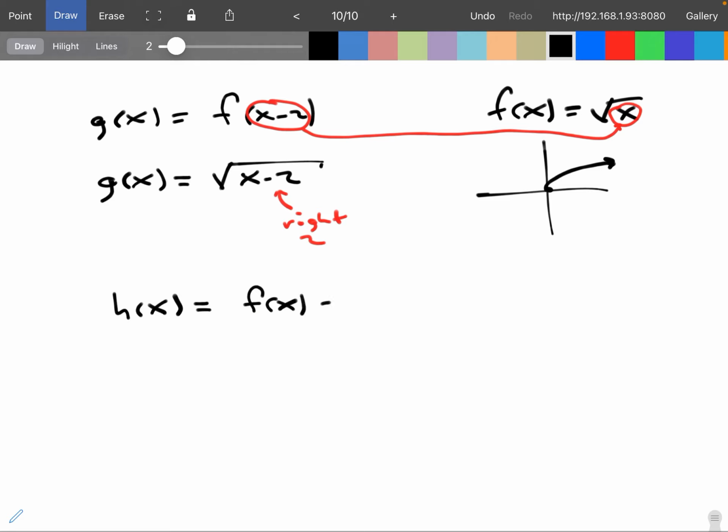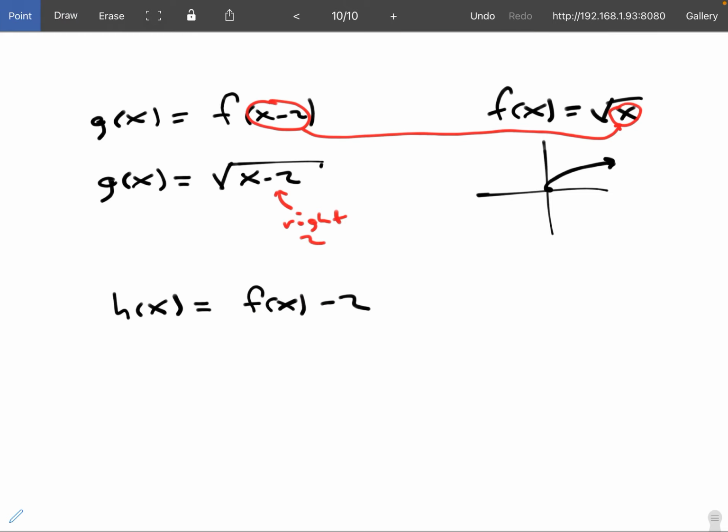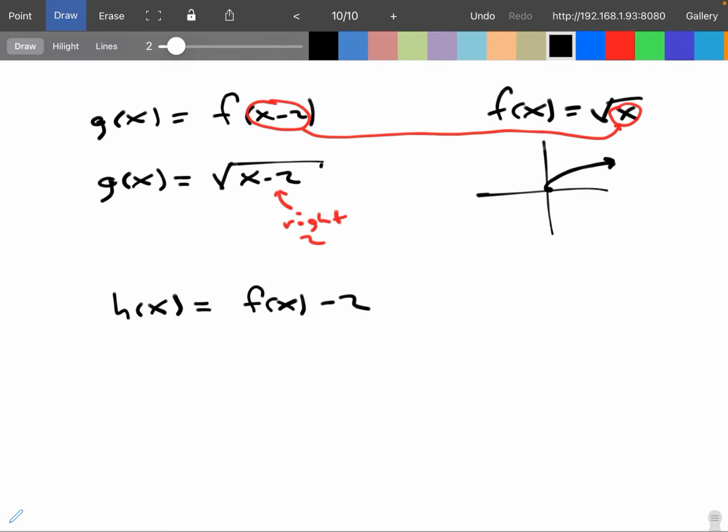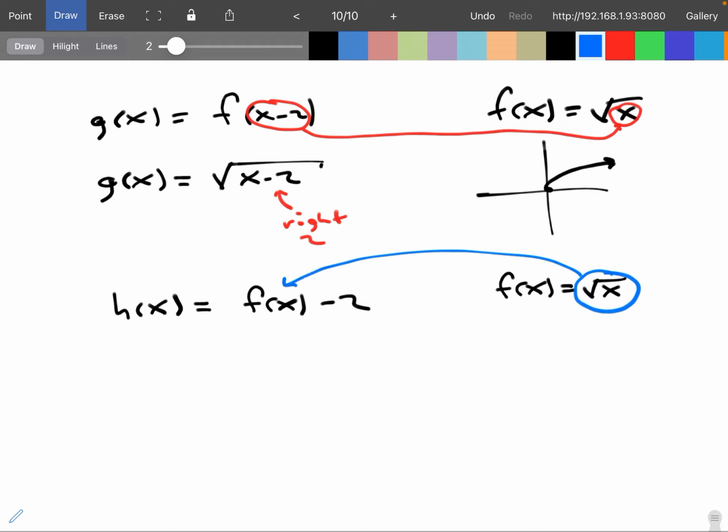Then maybe they define another function for you here. Maybe they'll do h of x, and they'll say that one is f of x minus 2, like that. Now this f of x is the whole function f. Over here on the side, we had that f of x was equal to the square root of x.